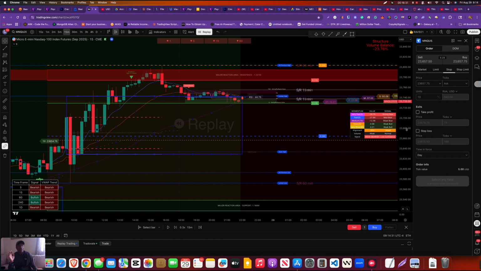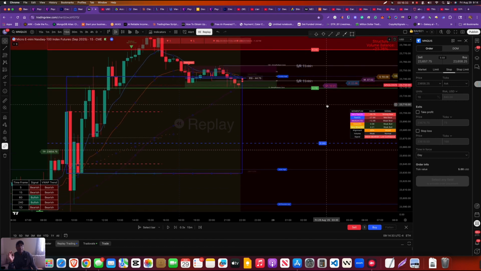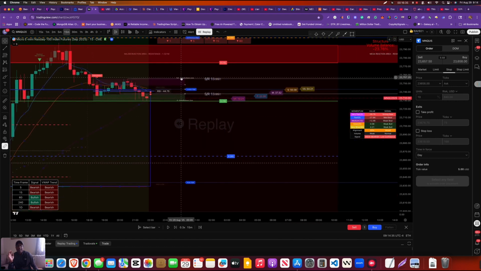If I could zoom in on this. I put here entry, pullback zone, entry, pullback zone. So as it comes smaller and smaller like that, it's going to bounce around those zones more until it gets wider and wider and wider.